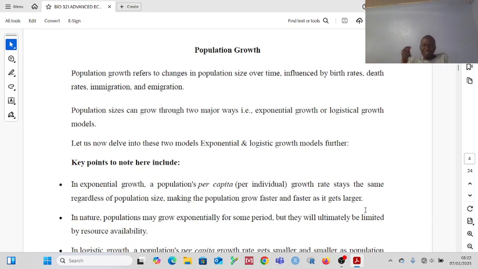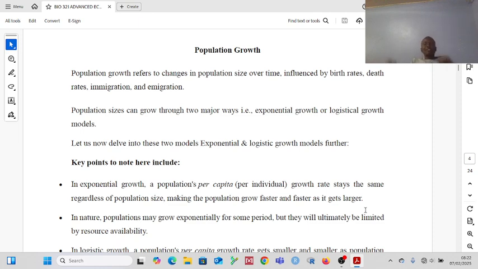Okay, so then it means the population growth of any group of organisms is influenced by birth rates, death rates, immigration, which means to immigrate is to come, to enter a population, and lastly, emigration, which is now moving out.